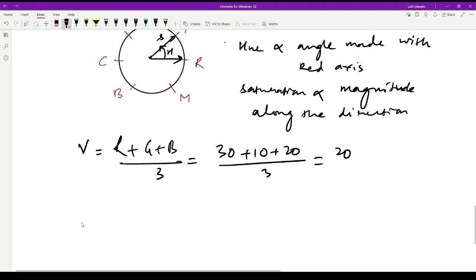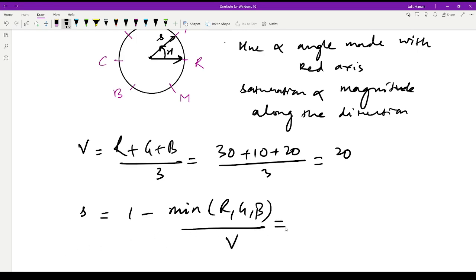And what about the actual question, saturation? Saturation was asked, and if you remember the formula, it's like this. So what is the minimum of 10, 30, 20? 10 by 20, so it gives us half. So this is that value. So given these equations, can you say why the HSV model is a non-linear color model?